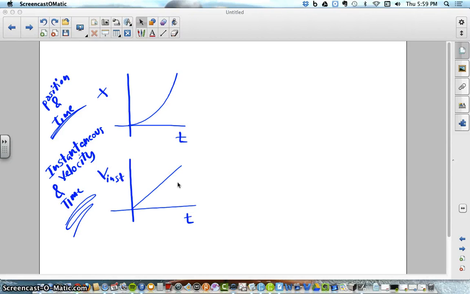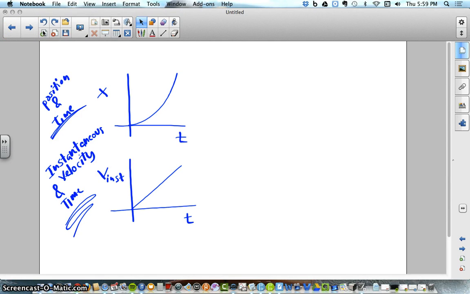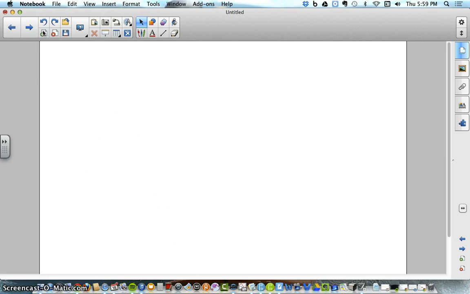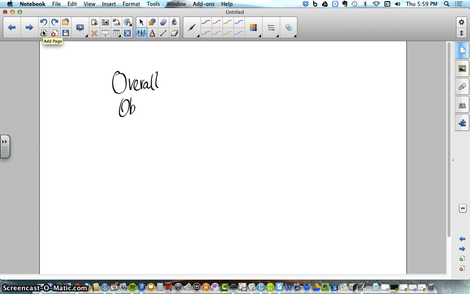So I wanted to kind of summarize what we've done in this unit. We had the overall objective of modeling this speeding up motion. And I'm going to change that around a little bit.